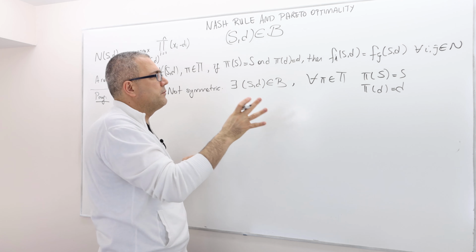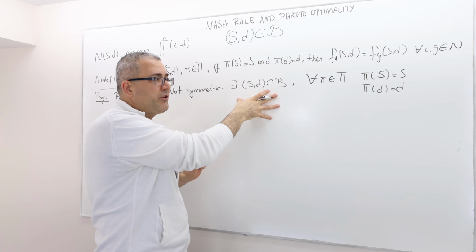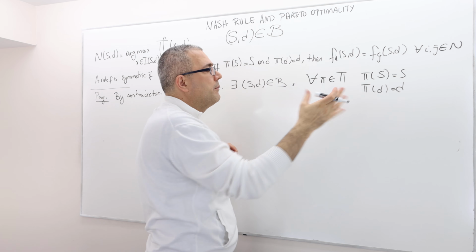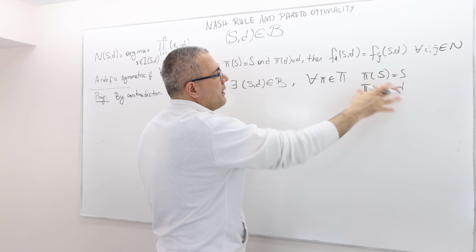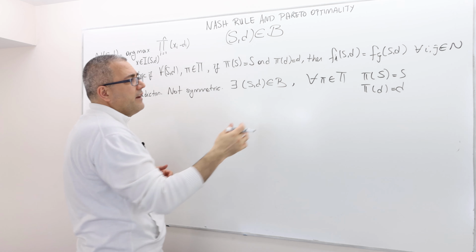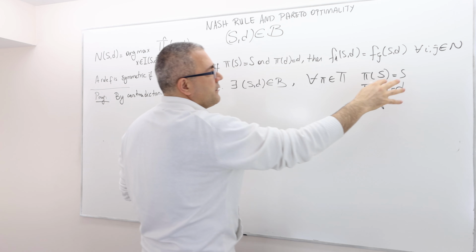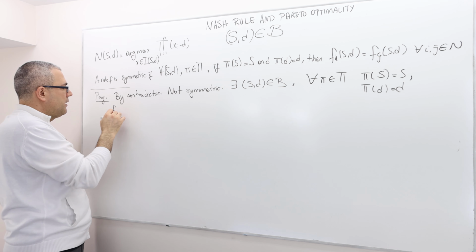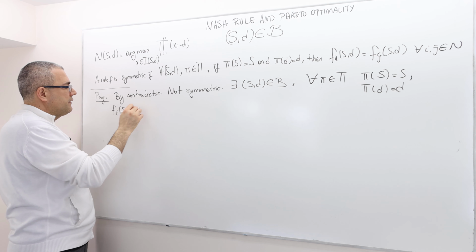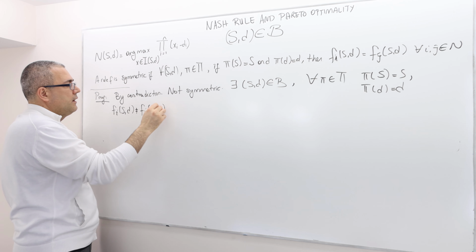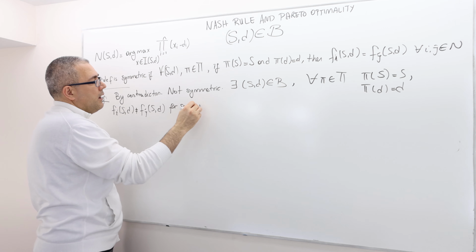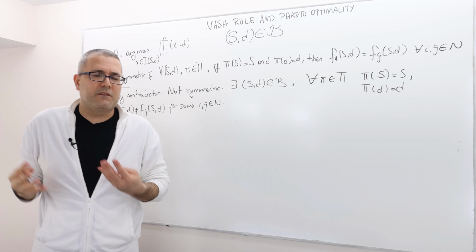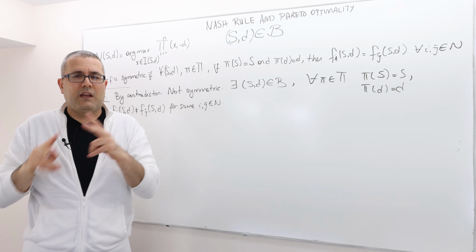So the bargaining problem must be symmetric. I keep saying game, but I mean the bargaining problem. The bargaining problem is symmetric, and this is true, and furthermore, f_i(S, D) is different than f_j(S, D) for some i and j in N. It doesn't have to be the case that everybody has a different payoff, but at least two players have different payoffs.